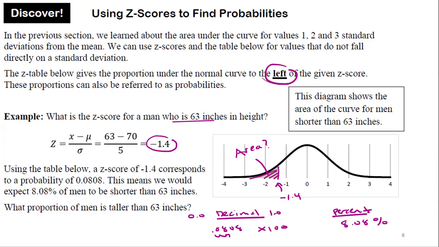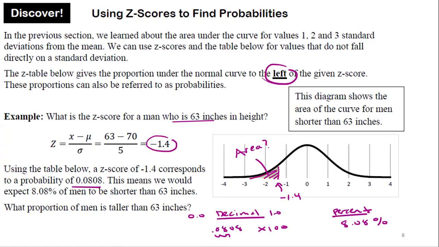Either one is correct. Either you write 0.0808 or 8.08%. Now, of course, you need to be careful what the question is asking. If it's asking to round to four decimal places, then most likely you would use the decimal form. Okay. But if you then need to convert to percent, that's fine too.